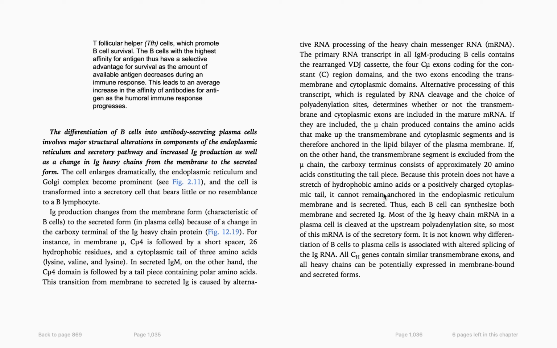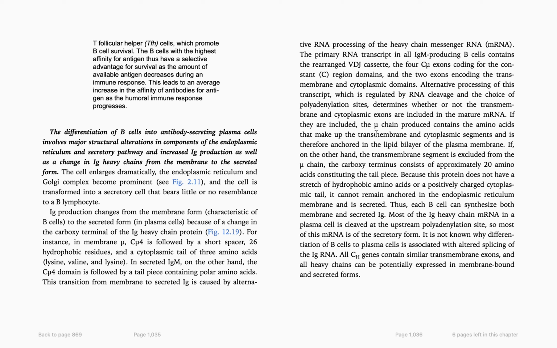Alternative processing of this transcript, which is regulated by RNA cleavage and the choice of polyadenylation sites, determines whether or not the transmembrane and cytoplasmic exons are included in the mature messenger RNA.